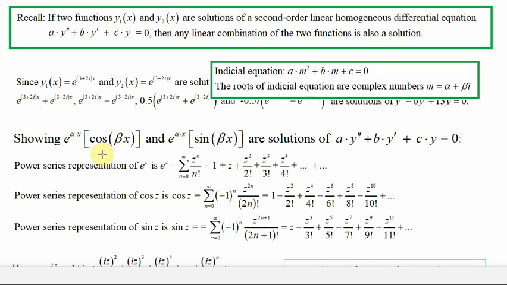Next, what I'd like to show is that the functions e to the alpha x cosine beta x and e to the alpha x sine beta x are solutions of this linear homogeneous differential equation.